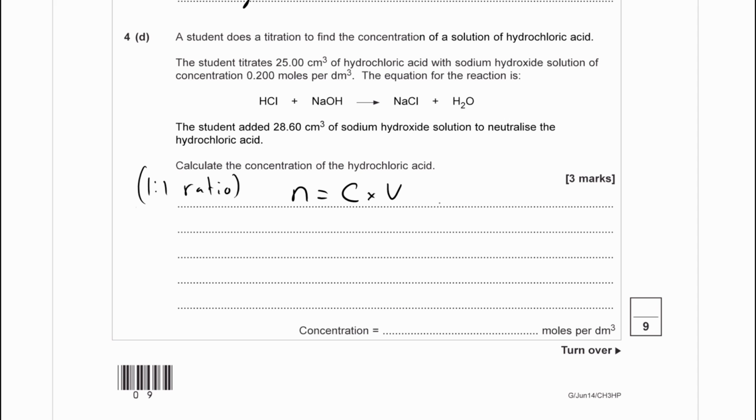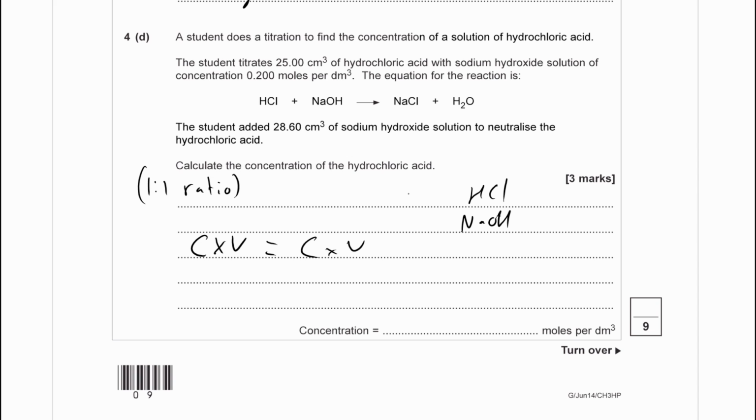And so let's say, for example, for HCl, N equals CV, and for sodium hydroxide, N equals CV. Now, if these numbers of moles are the same, then what we can say is that concentration times volume of hydrochloric acid is equal to concentration times volume of sodium hydroxide. Alright, let me just rub out these at the top. And there we go. And now we're just going to fill in the numbers.